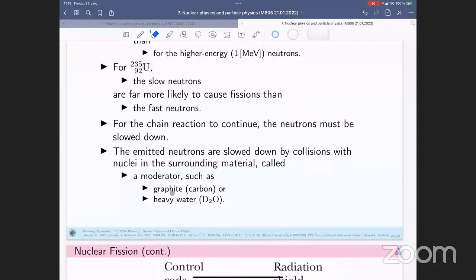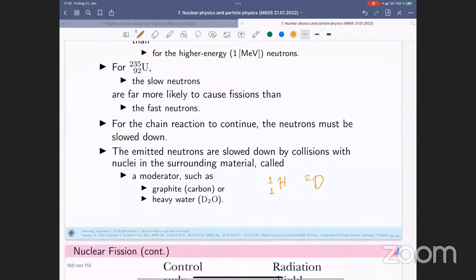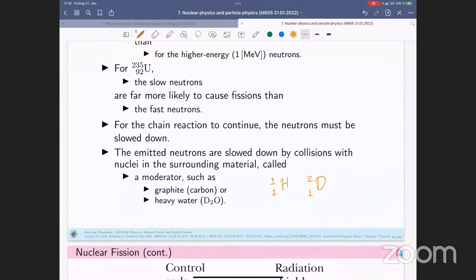If you want a liquid form, you can use heavy water. What is heavy water? Heavy water means you use the deuteron. You know deuteron, right? Hydrogen is made of 1 proton, but deuterium is made of 1 proton and 1 neutron. So there are 2 nucleons inside the second isotope of hydrogen, which is denoted by the letter D. This is the deuteron.